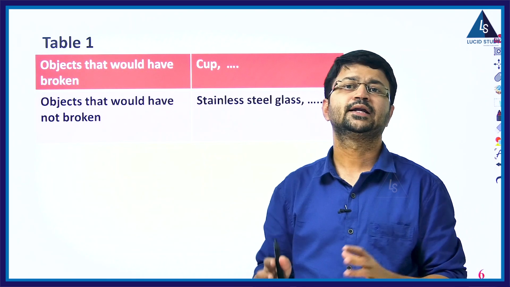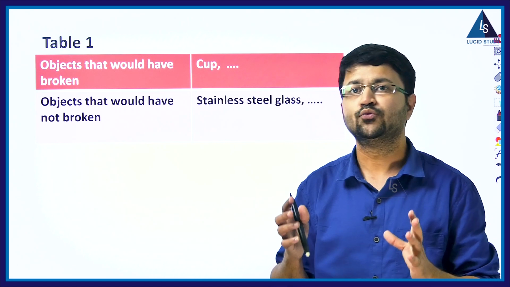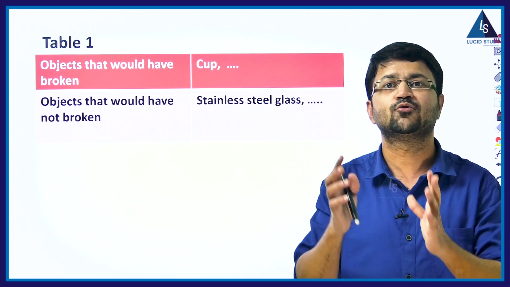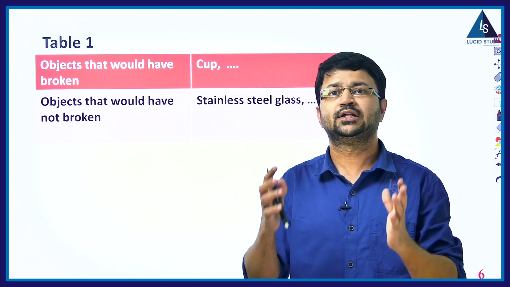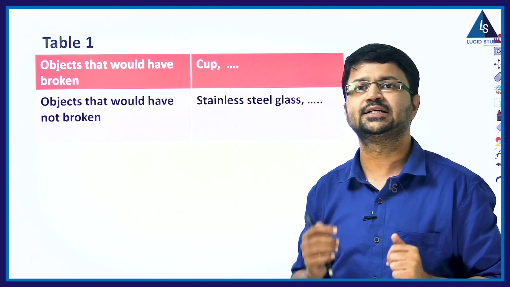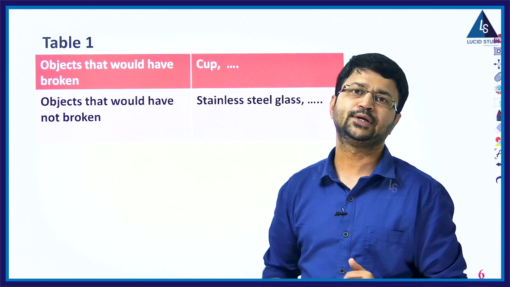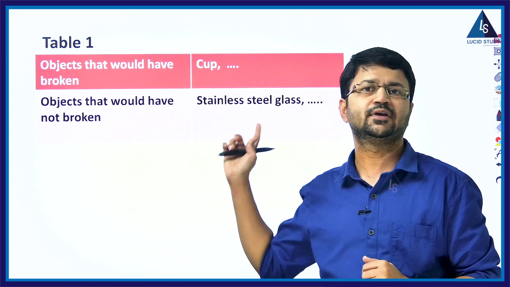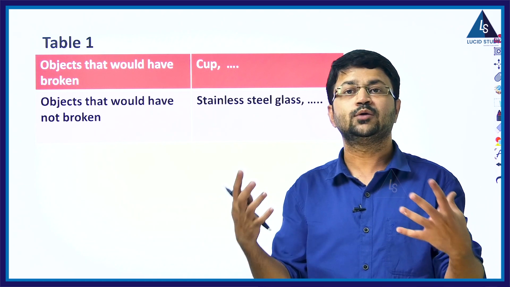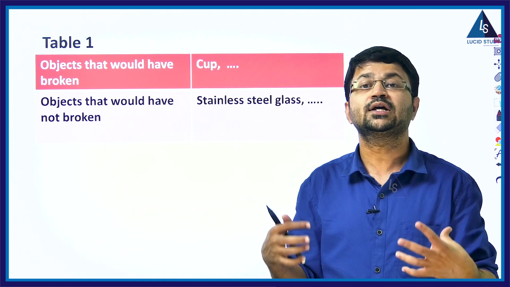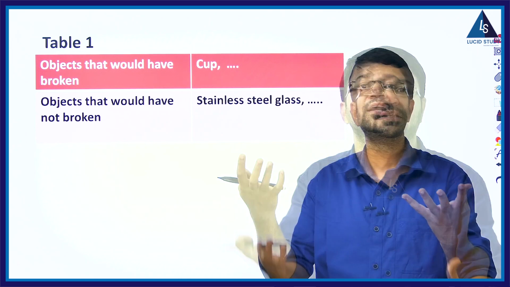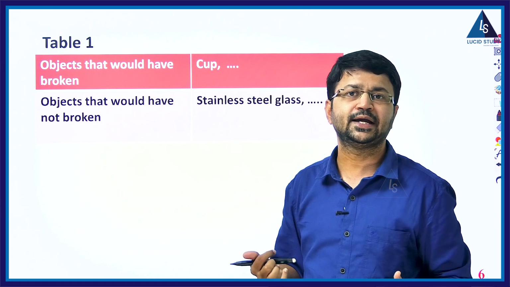Now see here, in this table 1, we are going to write about the objects that would have broken and objects that would have not broken. Is it clear? First I am going to write about the objects that would have broken. They have already given the cup. Now try to imagine and think what kind of objects would break when they fall from a certain height.